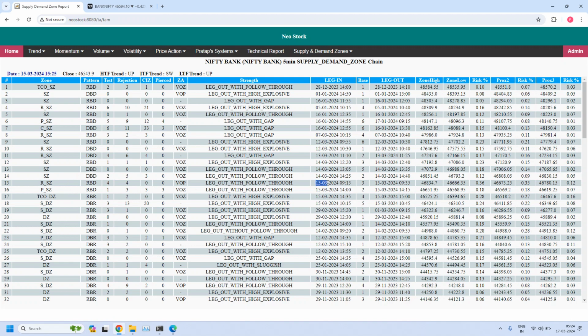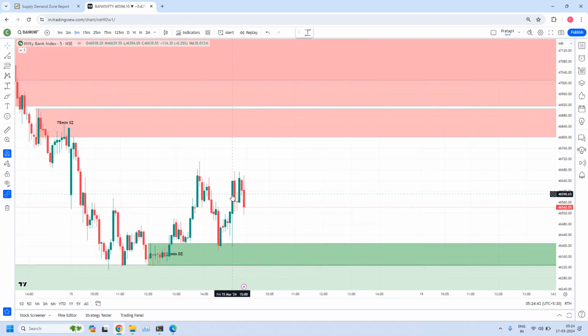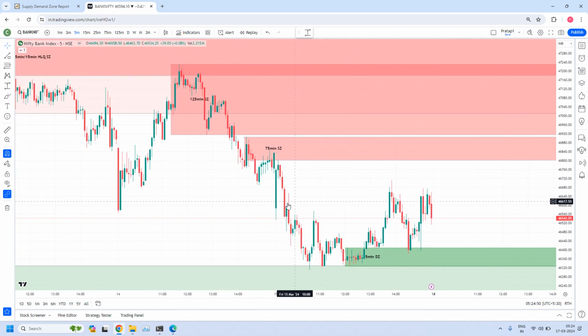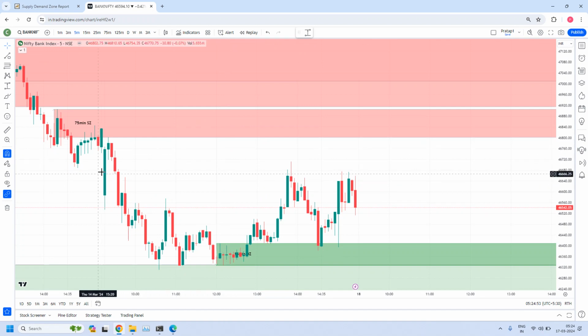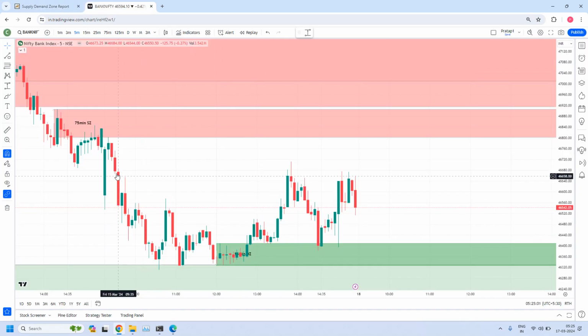So the 15 March 9:15 candle, after that, how many base candles? 3 base candles. Then a drop candle. So this is the zone.